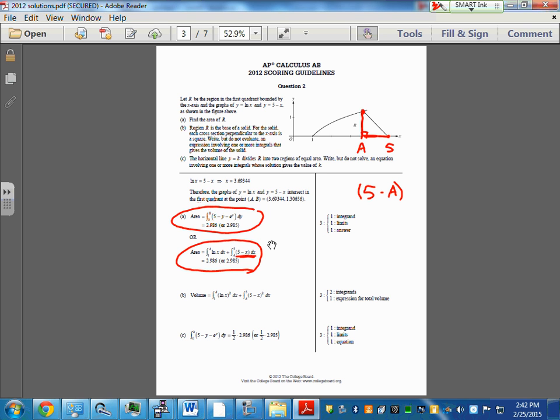Well, y is 5 minus x. If x is A, then that should be 5 minus A. This is a 45, 45, 90 triangle with a slope of -1. So 5 minus A, squared, times 1/2. We add that to the area over here.